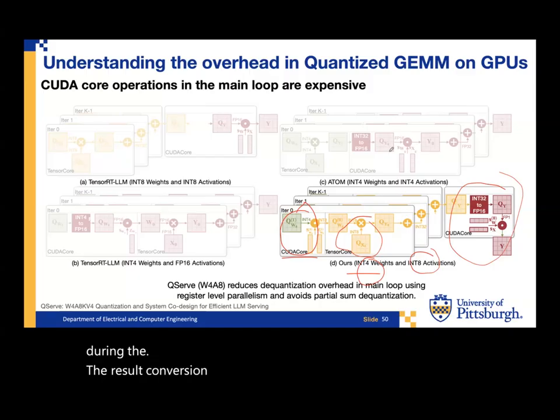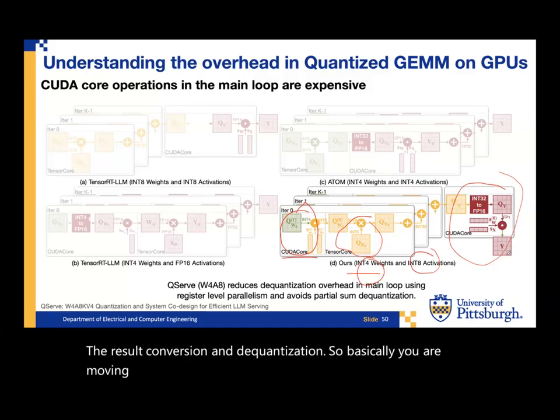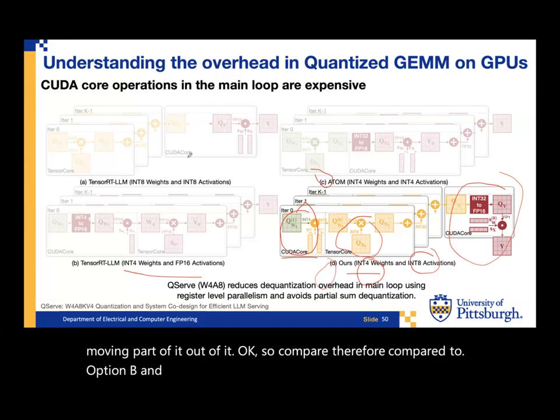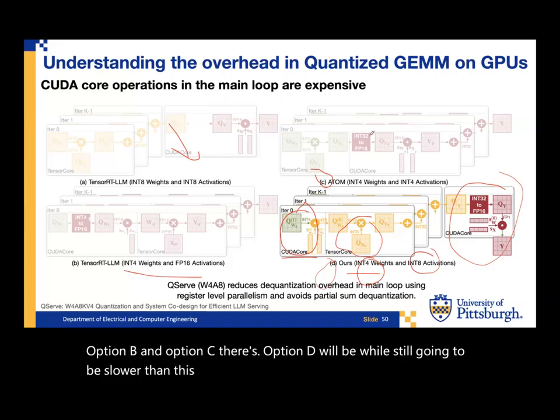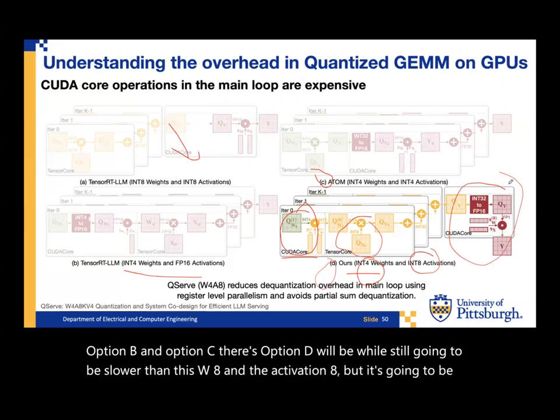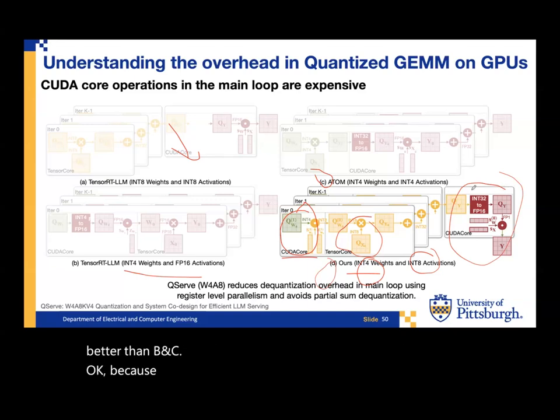So basically, you are moving part of it out of the loop. Compared to option B and option C, this option D is still going to be slower than W8 and activation 8, but it's going to be better than B and C, because the CUDA core computation is going to be out of the loop.